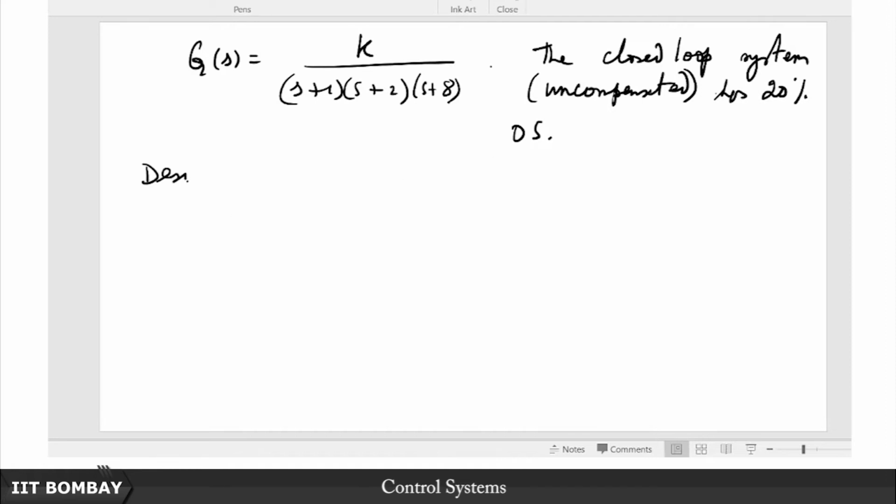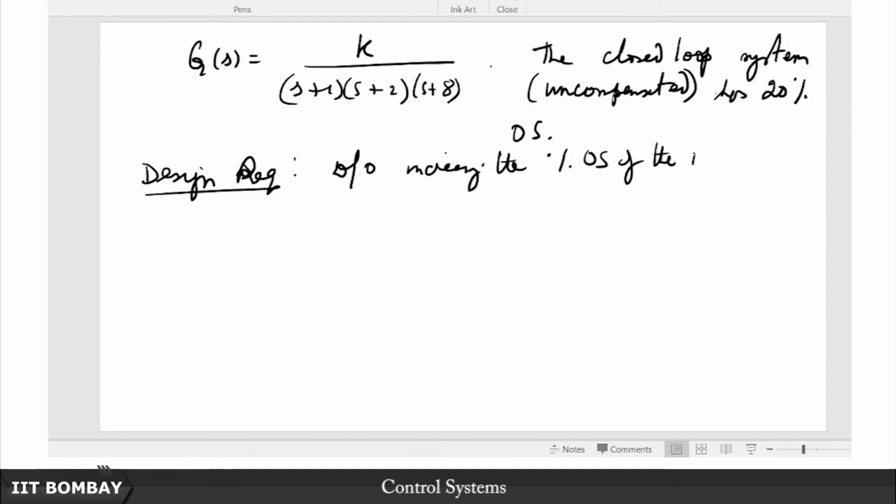So the design requirement is, your user is specifying that without increasing the percentage overshoot of the uncompensated system, at best you should keep it at 20%, not more than 20%. You can reduce it, maybe it's better, but you should not increase it beyond 20%.